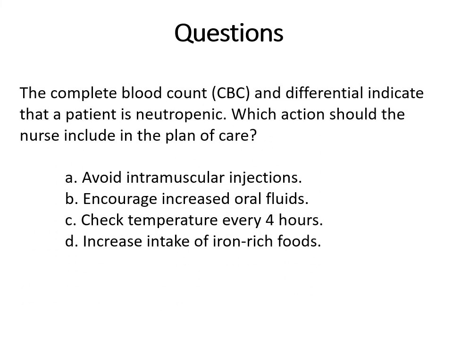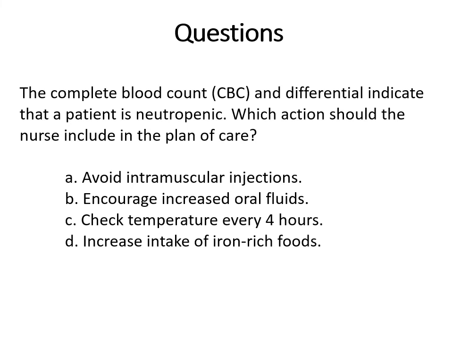So as an example, let's use a CBC and diff. The hemoglobin is 12, which is fine. The platelets are 170,000, which is fine. And the white blood cell count happens to be 2,000, and the neutrophil count is 750.